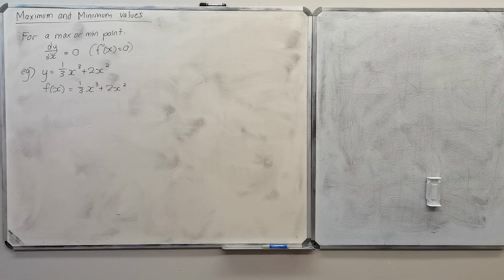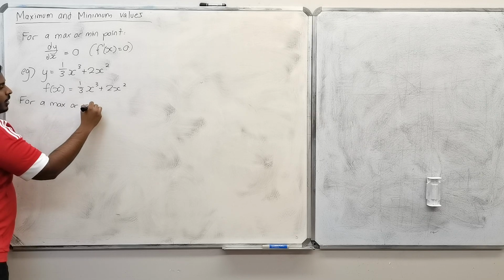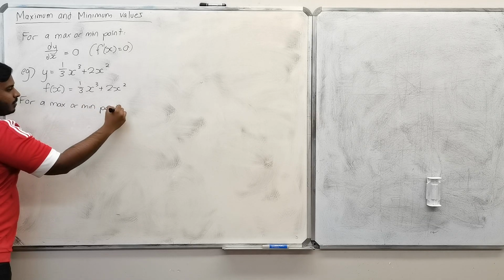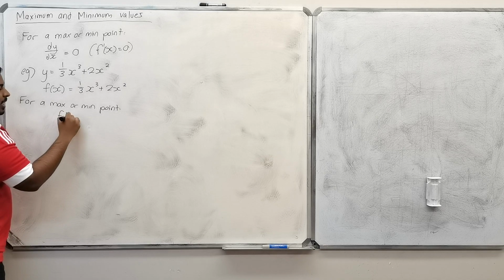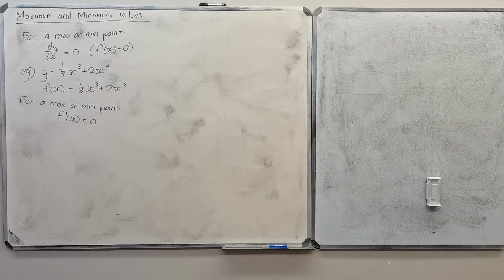For a maximum or minimum point, f prime x must equal 0. So we need to derive this equation and then set it equal to 0. If you derive this, what does it become?